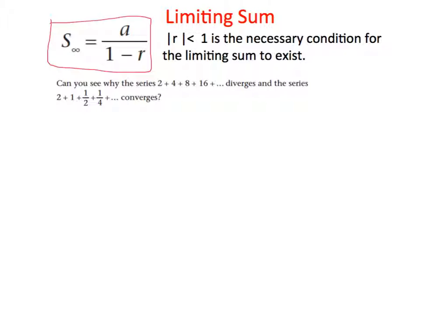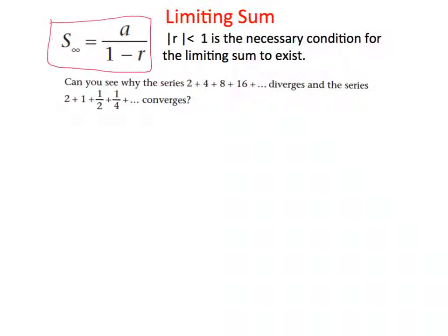So you can see in these two different examples of two different series, we've got this series here where the first term is 2 and the common ratio is 2. And you can see this series is just going to get bigger and bigger and bigger, and so that sum is just going to get bigger and bigger. So you can say this series diverges.